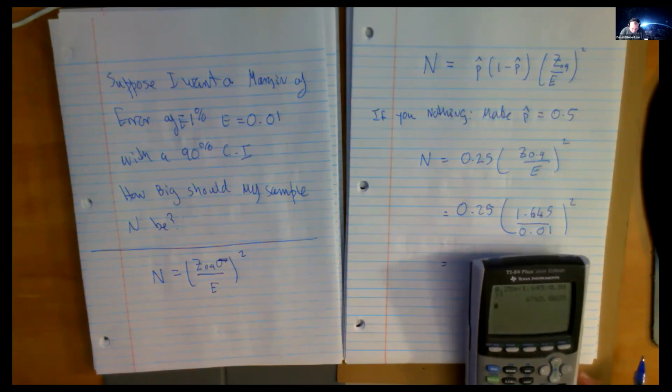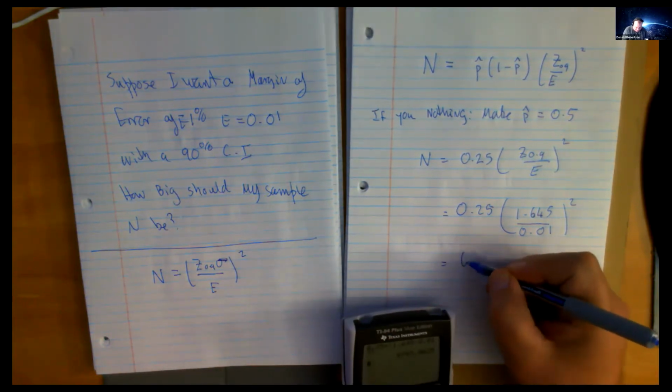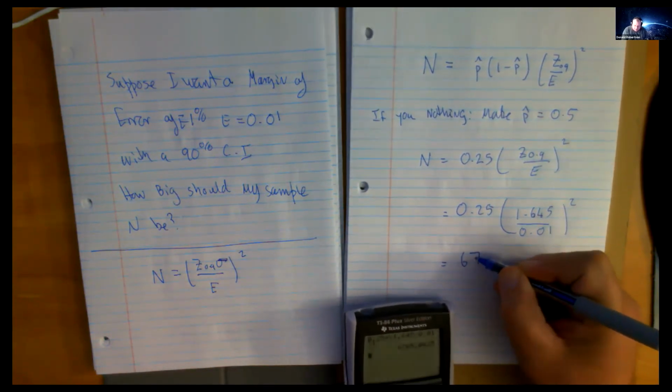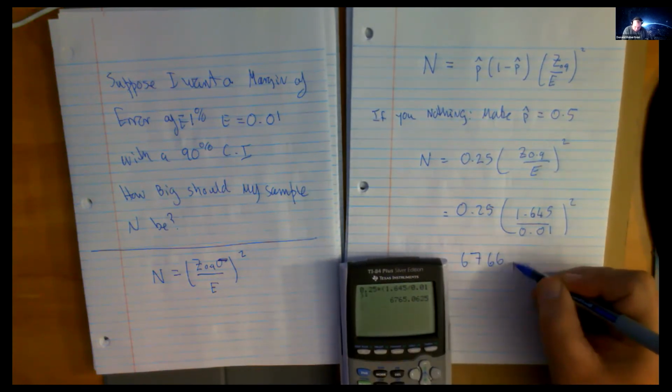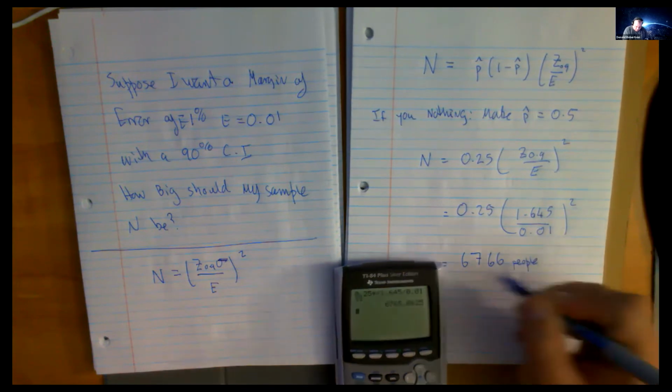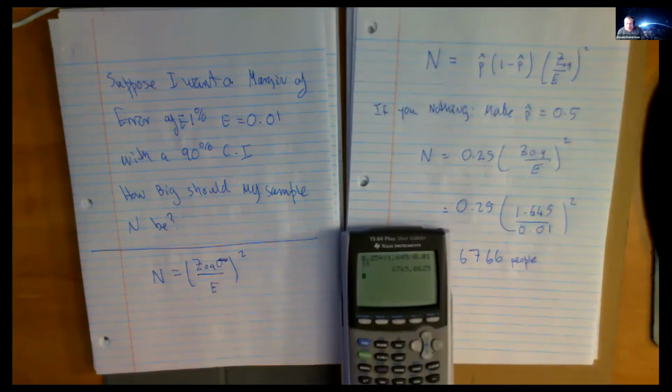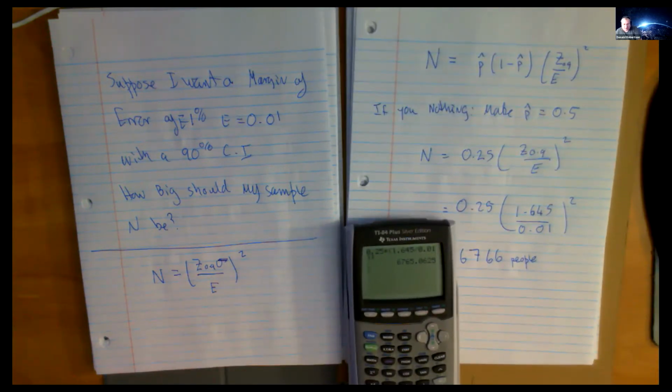And the answer, whoa, you will need to ask 6,766 people. Now, if you look really carefully at my answer, you might think the answer should be 6,765, but don't you always round up to be safe? Even when the rounding up is a 0.06, it still counts as a person, right?